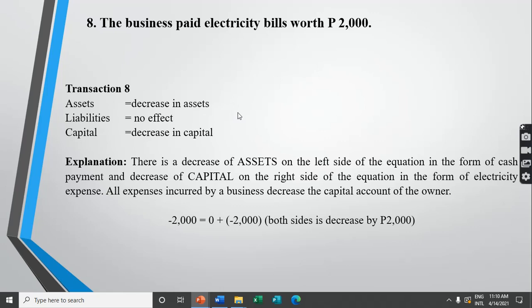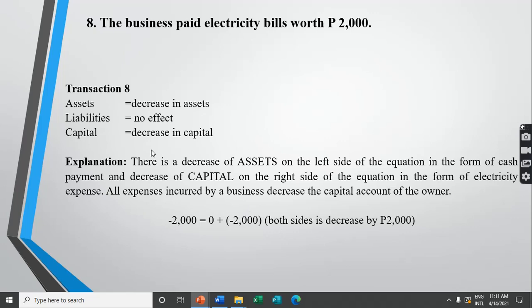So, nabawasan na naman yung cash mo dun sa asset mo, nabawasan din yung capital mo kasi that is considered your expenses. Okay? So, dito sa asset, decrease in asset. Liabilities, wala siyang effect. Sa capital naman, nag-decrease din siya.